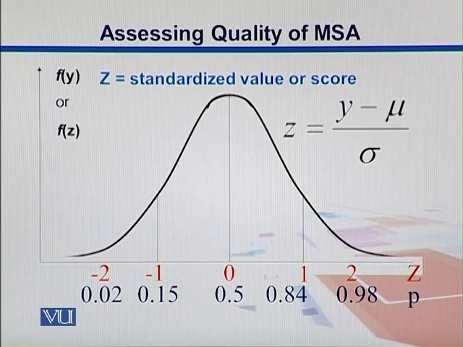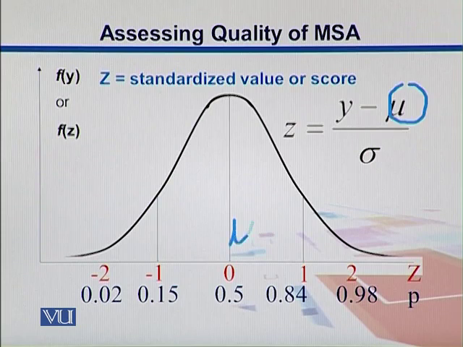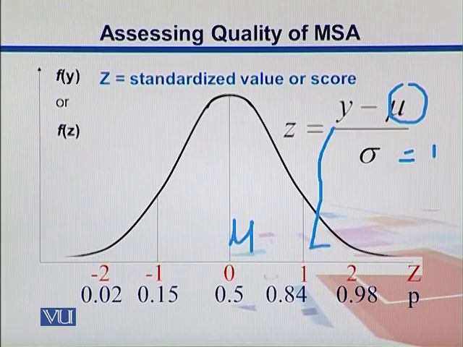Since your mean in this example is 0, if we look into this formula, the mean is this mu right here, so mu is 0. Something which is one standard deviation away, if we put 1 here, with sigma equal to 1, gives your answer y right here.